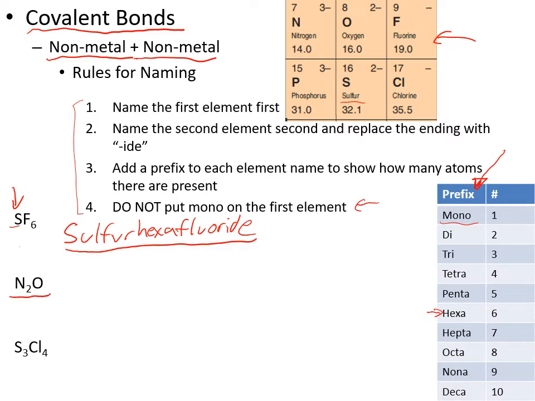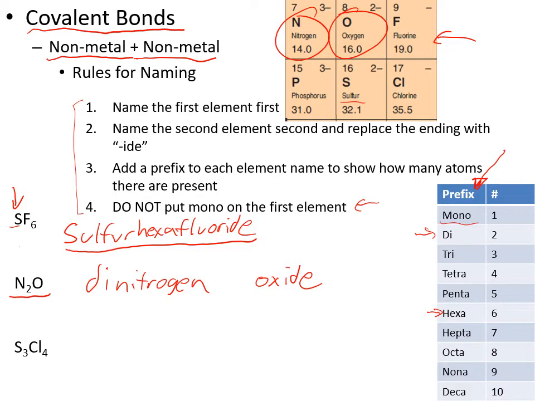We're going to do the same thing for this one. Name the first element first: nitrogen. Then name the second element second and replace the ending with "ide," so oxygen becomes oxide. How many are on the first one? 2, so that becomes dinitrogen.